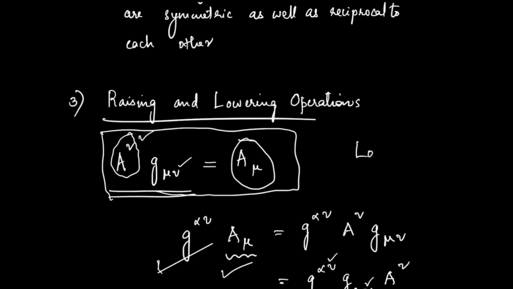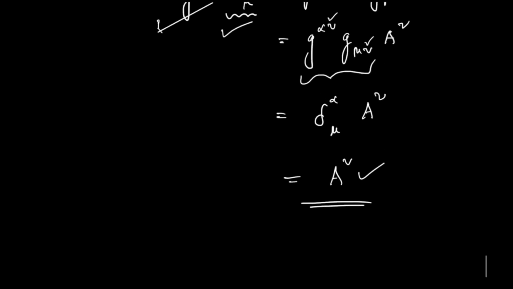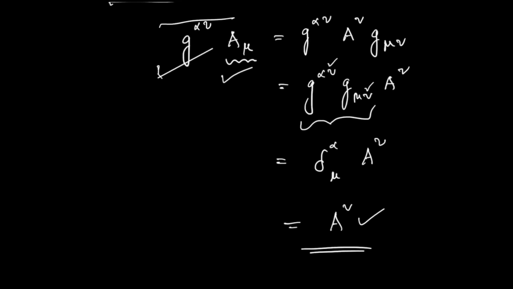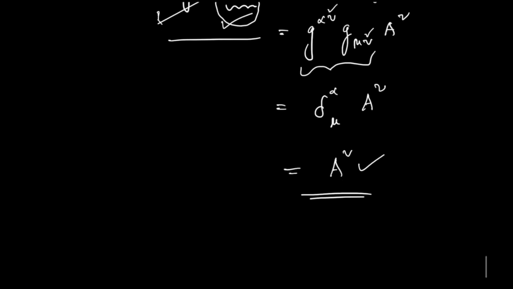So this is the lowering operator, and this operation is called lowering operation. And here you can see, if I multiply the contravariant metric tensor with a covariant tensor, the resultant tensor is contravariant. So this is raising operation and this operator is called the raising operator.